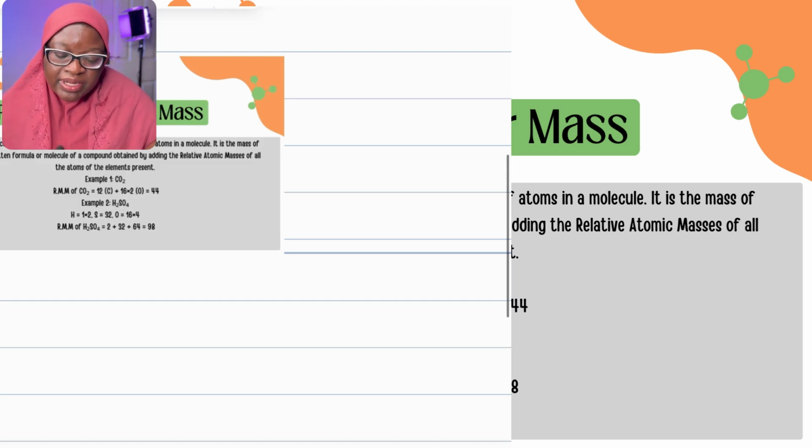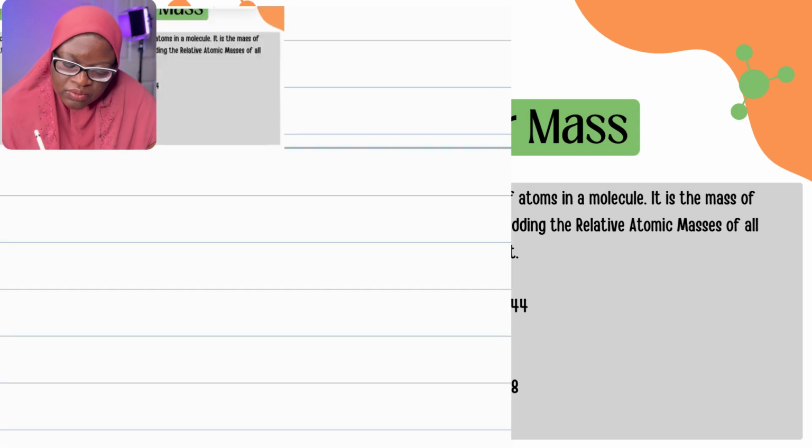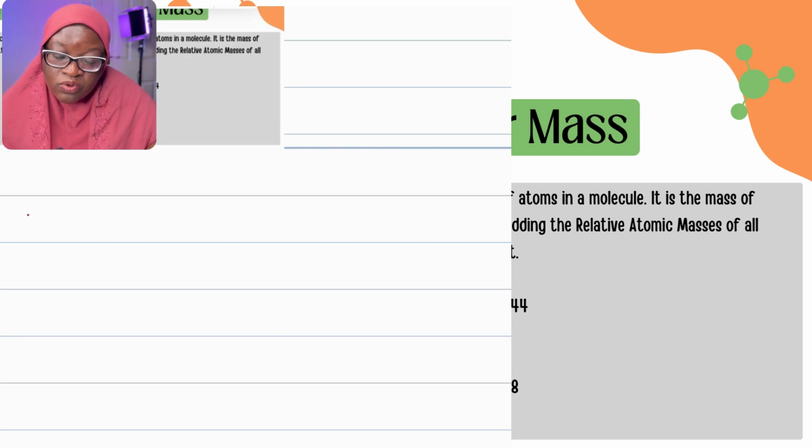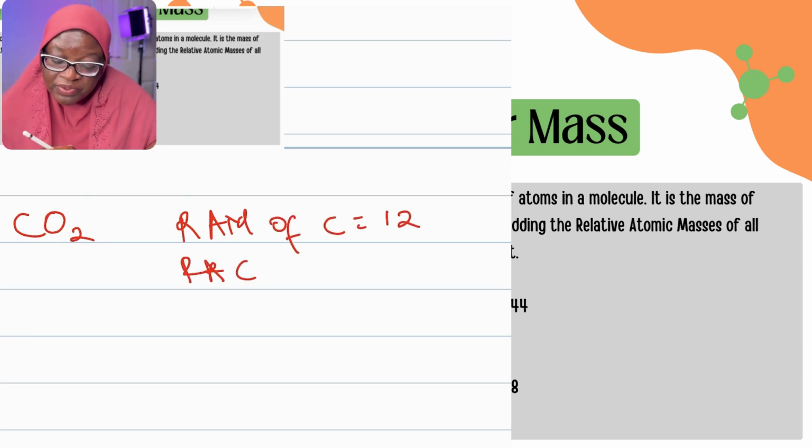Let's take carbon dioxide, for example. CO2. That's carbon dioxide. What will be the relative molecular mass? Bear in mind, the relative atomic mass, represented as RAM, of carbon is 12. Relative atomic mass of oxygen is 16, like we saw in the previous slide.